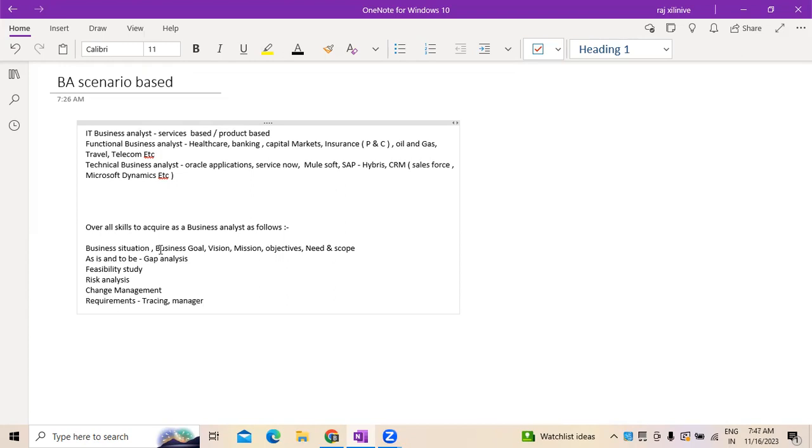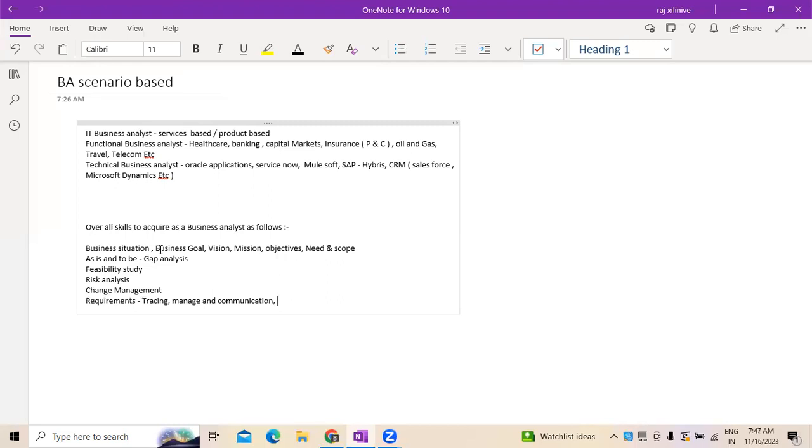And how to manage and communicate requirements by preparing different documents, something like business requirements, functional requirement specifications, software requirement specifications and all that. At the same time, conducting elicitation techniques like JAD sessions, focus groups, interviews, questionnaire preparations.